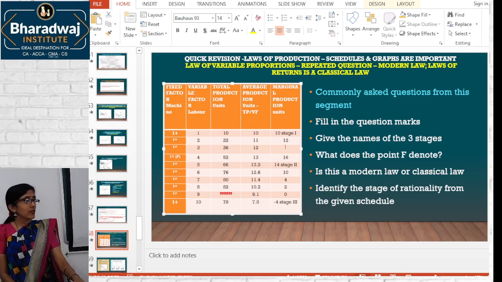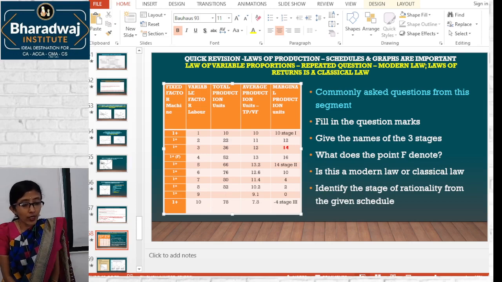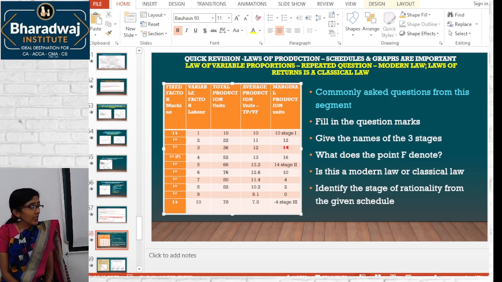What is the answer? 14. Yes. And in the ninth one? What is the answer? Look at the marginal product column and give the answer. 82.